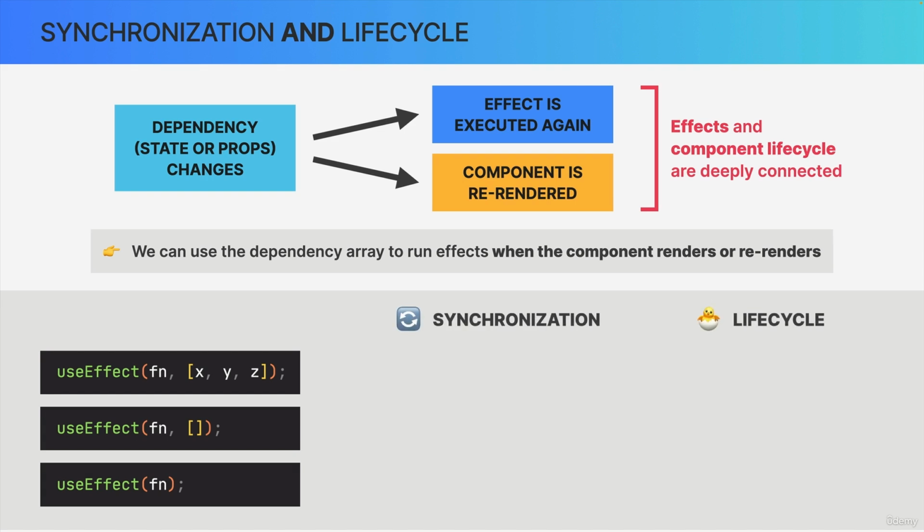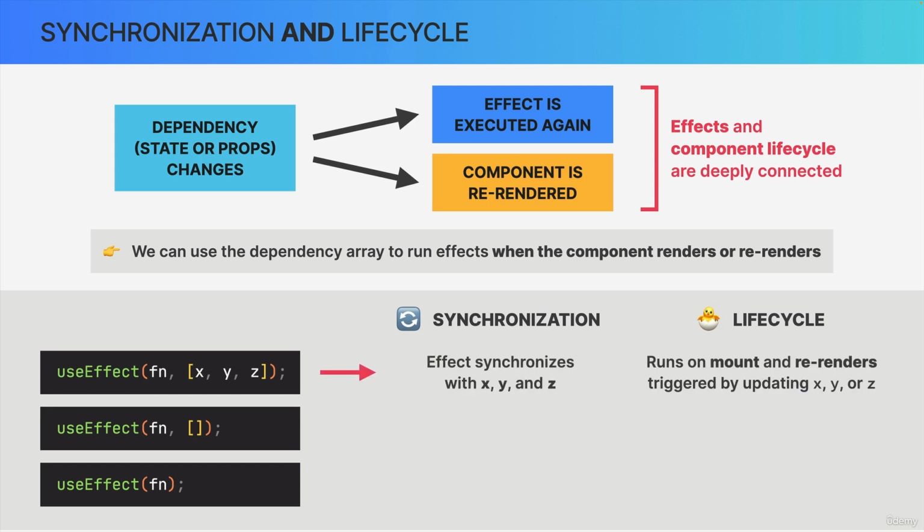So when we have multiple dependencies, like in this first example, variables x, y, and z, it means that the effect synchronizes with x, y, and z. Now, in terms of the lifecycle, it means that the effect will run on the initial render and also on each re-render triggered by updating one of the dependencies x, y, or z.